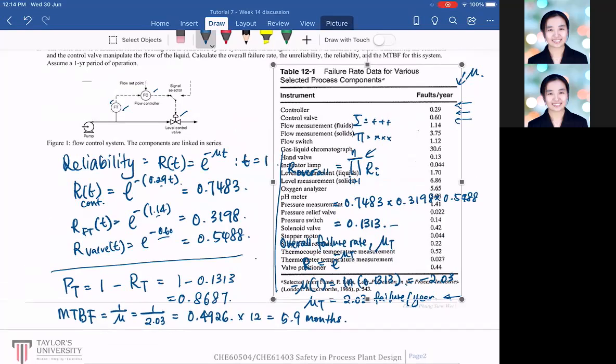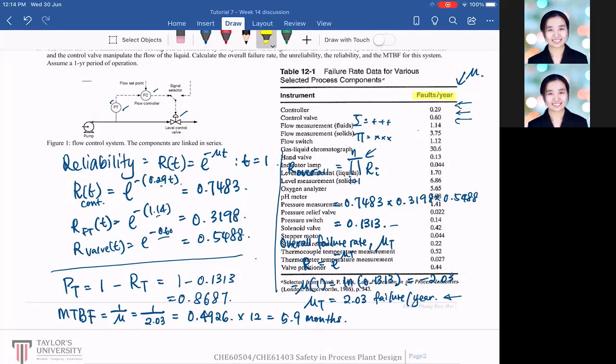How do we get all this beautiful data, the faults per year here? This data is readily available. You can get it from the textbook, or from websites. For example, if you go to CHE6, the chemical process plant index, it will tell you all this data like the failure rates and the cost index for the year, etc. All this data is readily available and kept up to date.